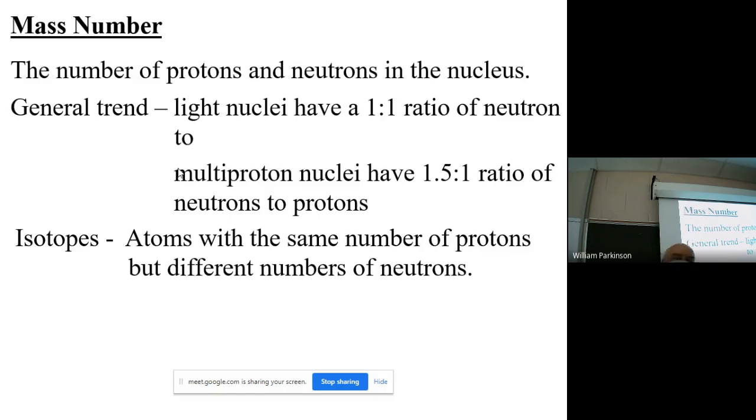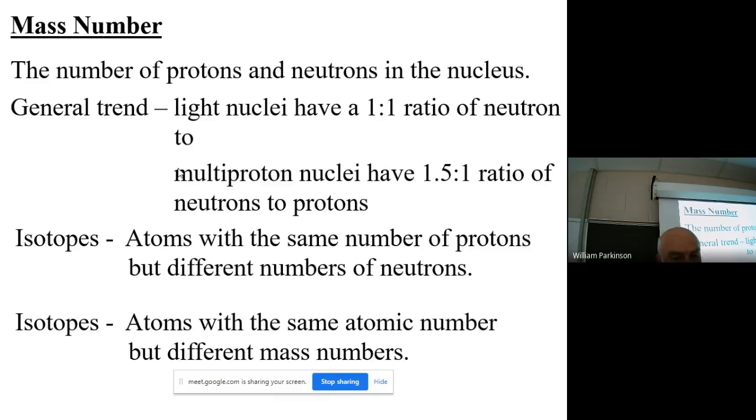So in slight variances, you can have slightly different numbers of neutrons and still glue the positive charges together. So isotopes occur when atom A of an element doesn't have as many neutrons as atom B of the element. They're exactly the same in terms of protons, but they differ slightly in terms of neutrons.